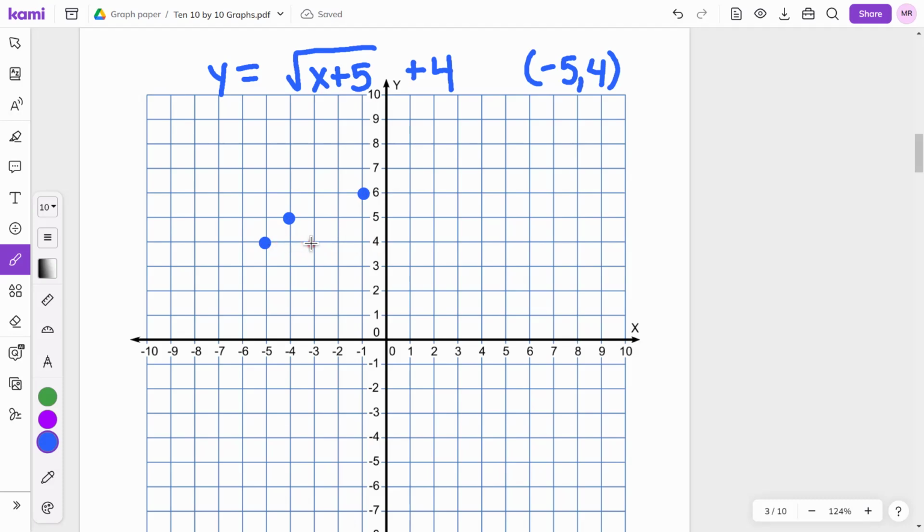I'm going to go out 1, 2, 3, 4, 5, 6, 7, 8, 9. Square root of 9 is 3. 1, 2, 3. And I don't know if I can go 16, maybe. 16 would be off, but I would have gone up 4, and this would be our graph.